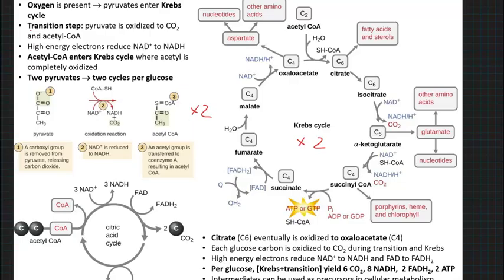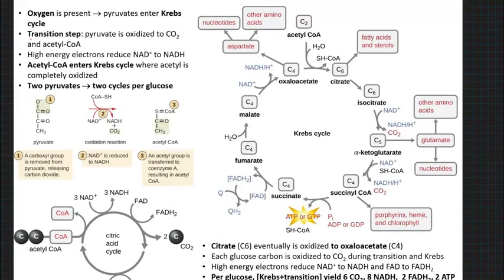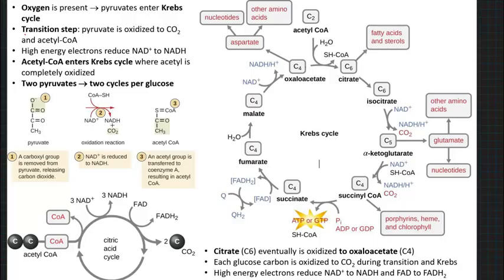Excellent. So now let's figure out what we get out of this. Let's count the number of carbon dioxide molecules. I deliberately keep the entire picture in the frame. 1, 2, and 3.